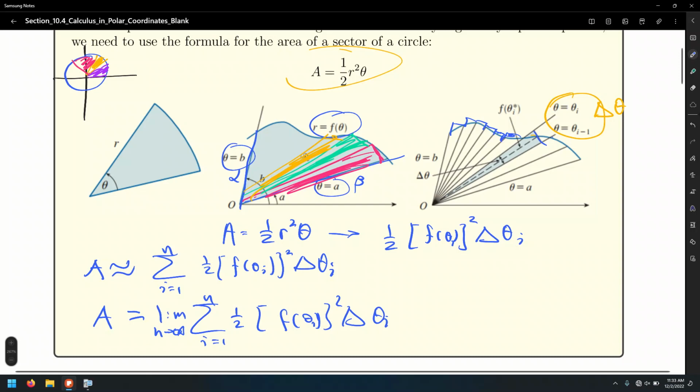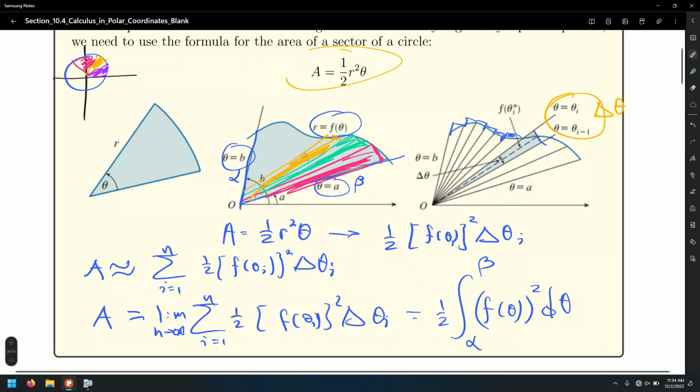You know the rest of the story. That's 1/2 the integral of f of theta squared d theta, and the limits of integration are going to be between alpha and beta. Instead of a and b, in this case we are going to start using Greek letters for angles. We usually use theta, phi, omega even. Alpha, beta, and gamma are very common letters we use to denote angles.